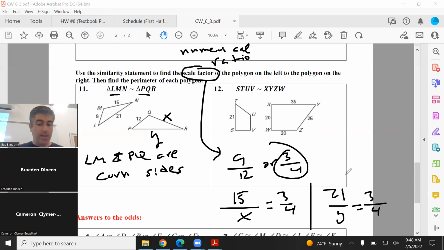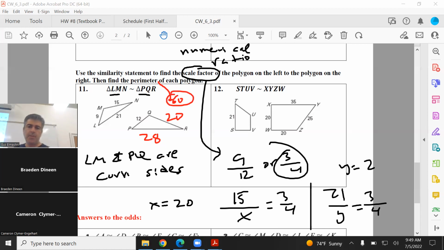If I solve each one correctly, just trust me, x is 20 and y is 28. So that means this is going to be 20 here and 28. What does all that add up to? 60. That's our perimeter. Our perimeter is 60.